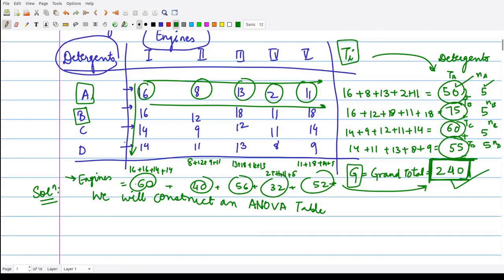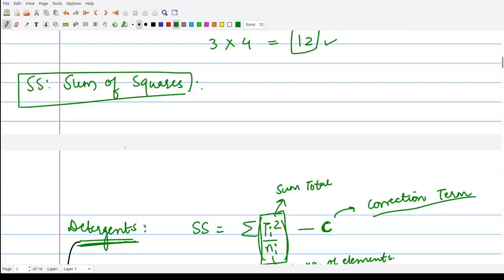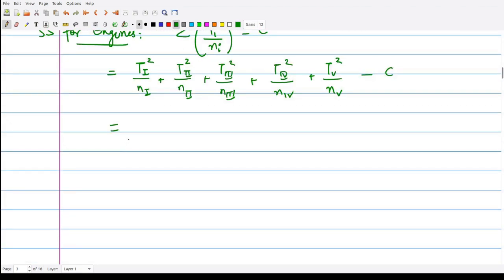For engines, this 60 represents your T1, and this is T2, this is T3, this is T4, this is T5, and the number here, they are 1, 2, 3, 4. So N1 would be 4, N2 would be 4, N3 would be 4, and N4 would also be equal to 4.